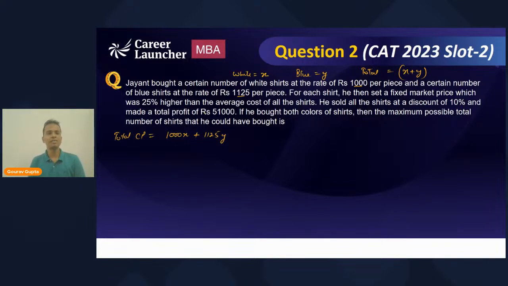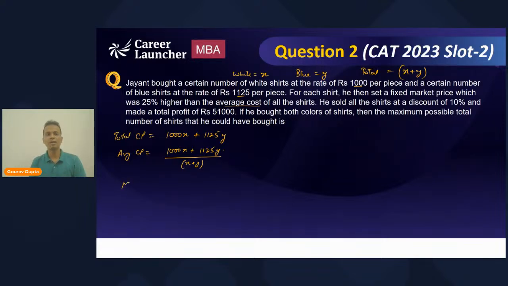Now, market price is 25% higher than the average cost price of all the shirts. Market price of each shirt. So let's calculate the average cost price. Average cost price will be the total cost price divided by the number of shirts, which is X plus Y. This is the average cost price of each shirt, right?